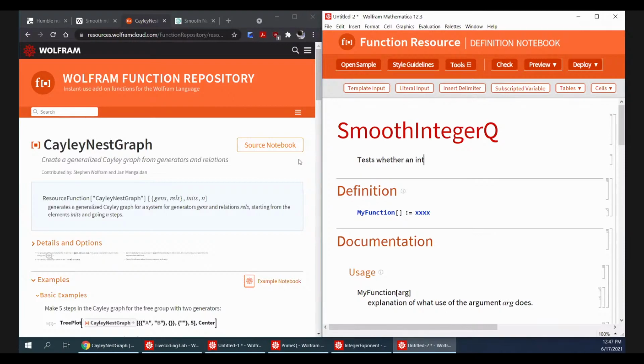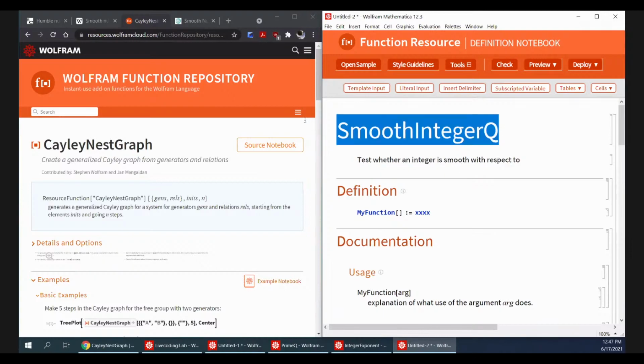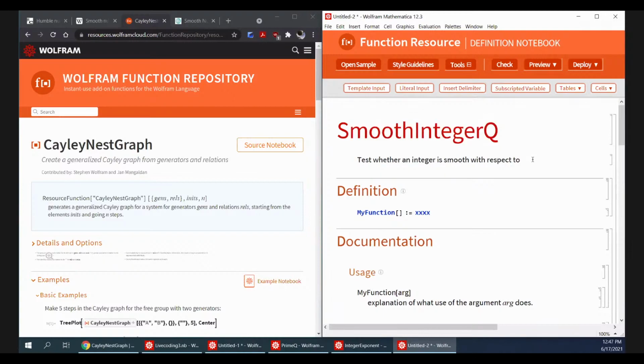And the grammar we use is usually we wouldn't say tests, we would say test. Yeah, you're right. So we're not describing what the function does, we're describing what you can use it to do. So test whether an integer is smooth with respect to another or with respect to a real.